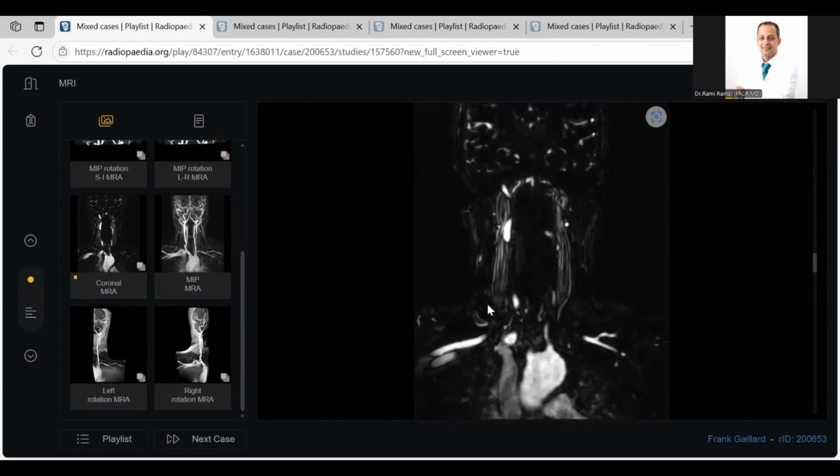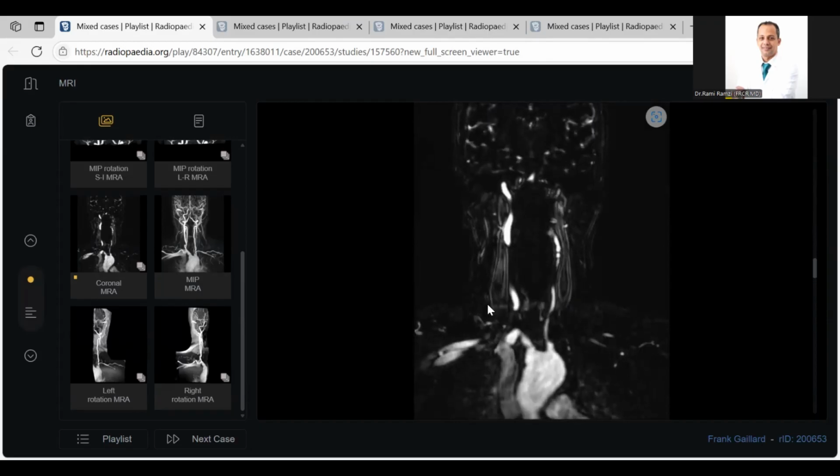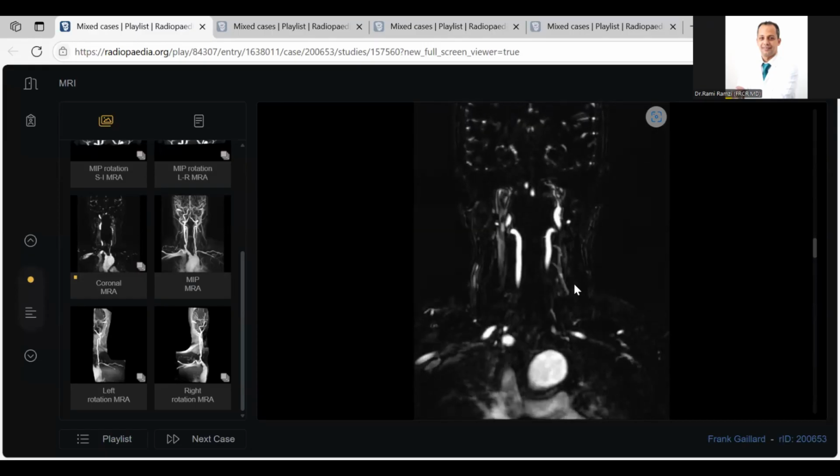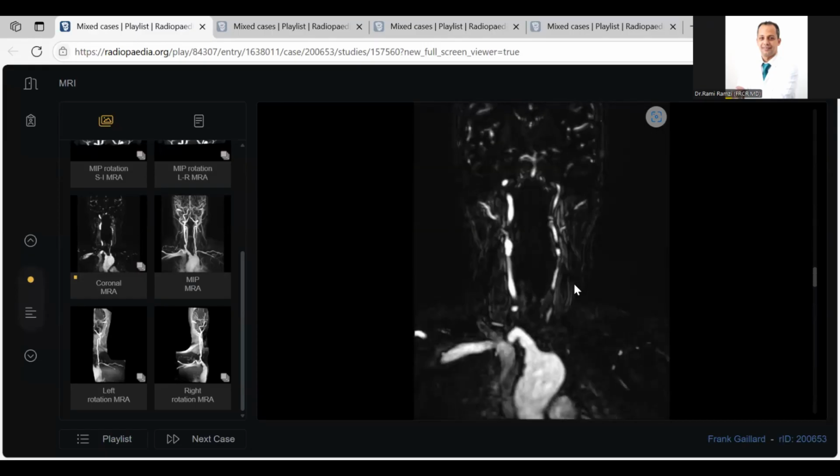Takayasu arteritis. See here, this is the normal common carotid. Now, this is markedly narrow with a beaded appearance. Multi-systemic large arterial beaded appearance, including intracranial, neck vessels and major aortic arch arteries.